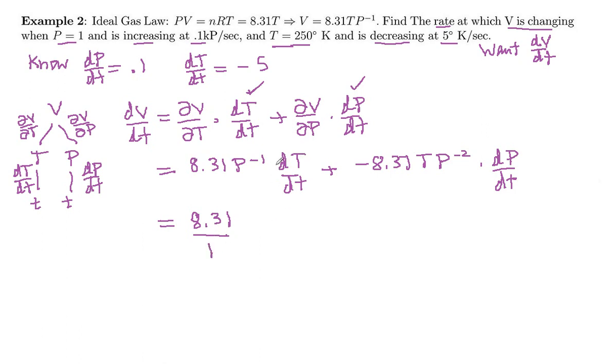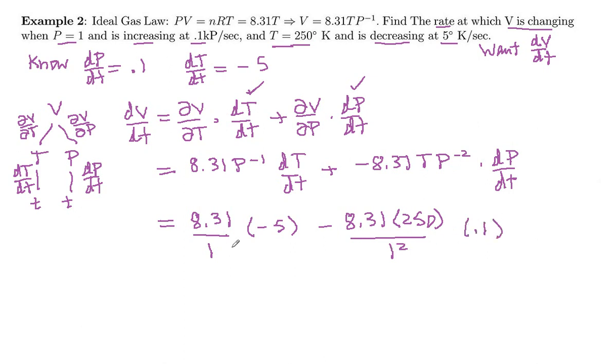And then dT/dt, that is negative 5. And then minus 8.31. T is on top, T is 250. And then we're dividing by P squared. So divide by 1 squared. And then dP/dt, that's 0.1 right here.